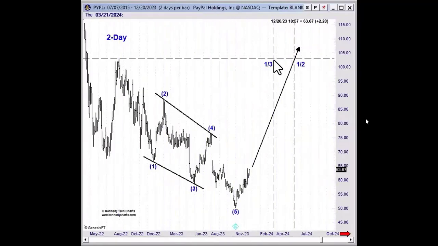So if we can get back above, again, 103.03, which was the origin point of the pattern, then potentially we can see prices achieve that level by, say, March 21, 2024, or perhaps by June. Okay. Now remember, sometime in late January or February, there's going to be another earnings report in PayPal.